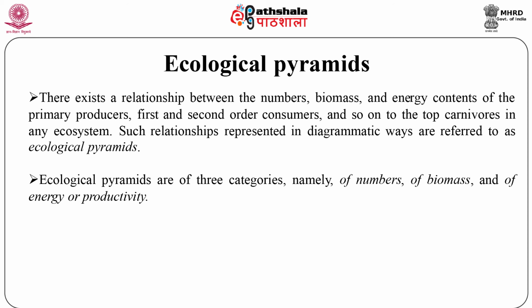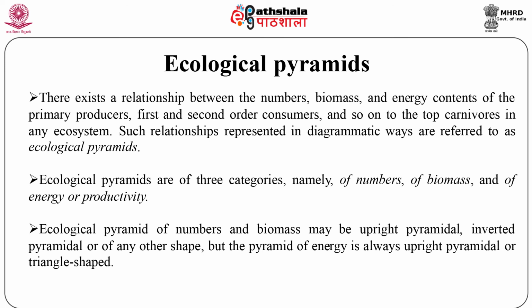Ecological pyramids are of three categories, namely of numbers, of biomass and of energy or productivity. Ecological pyramids of numbers and biomass may be upright, pyramidal, inverted pyramidal or of any other shape, but the pyramid of energy is always upright pyramidal or triangle shaped.